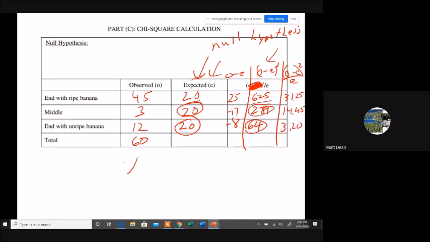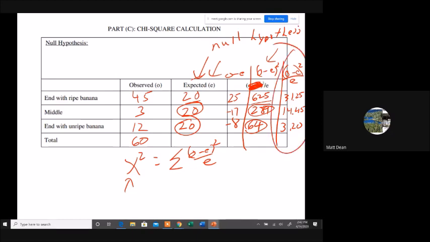All right, so the chi-square statistic, the formula for it, which is on your formula sheet, is equal to the summation of O minus E squared over E. This is the symbol for chi-square. So that essentially is telling us we want to sum up this last row.